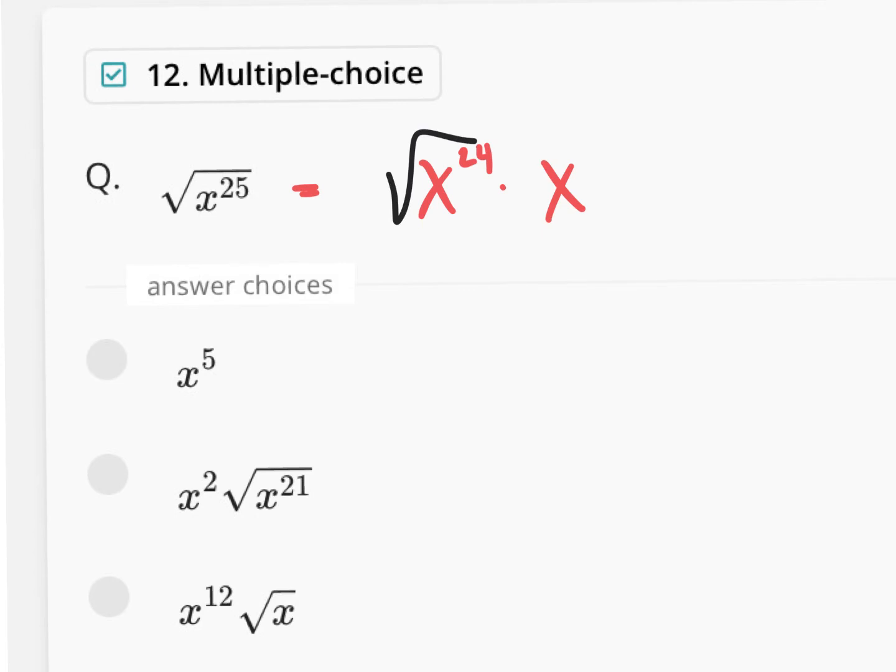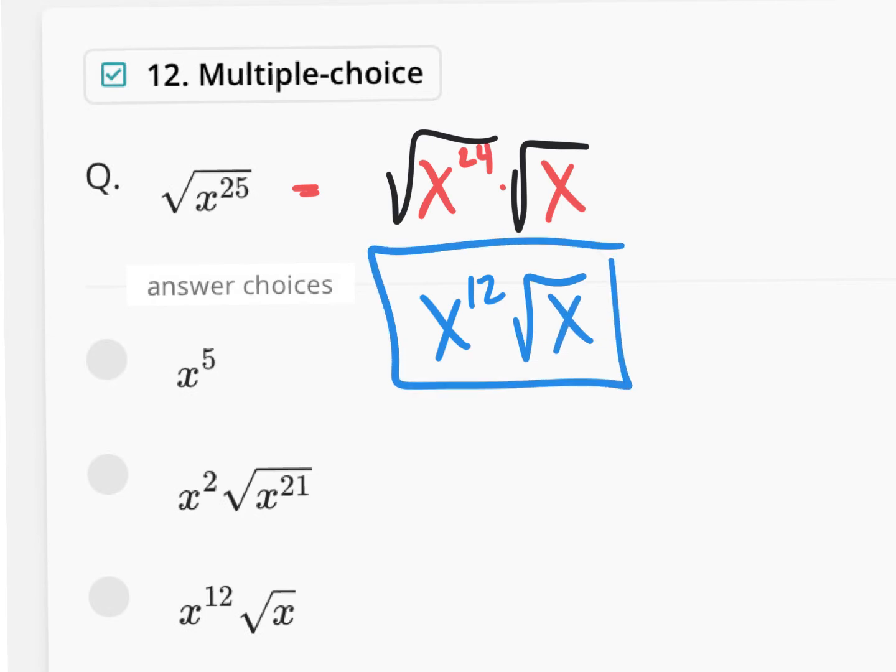That way we could split the root, and we could now divide 24 by 2 because the square root is the power of 1/2. So 24 divided by 2 will give us x to the 12th. And what about the square root of x? That just comes down as square root of x. So there's your answer, x to the 12th, square root of x.